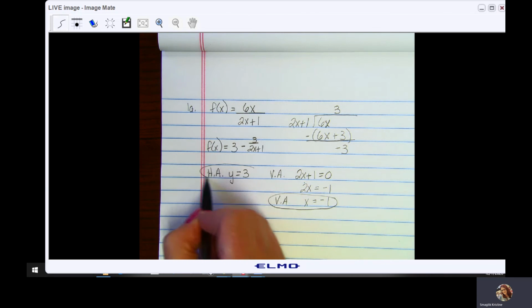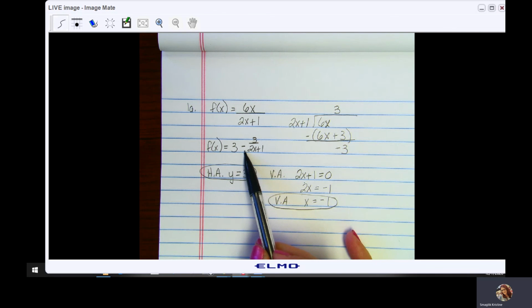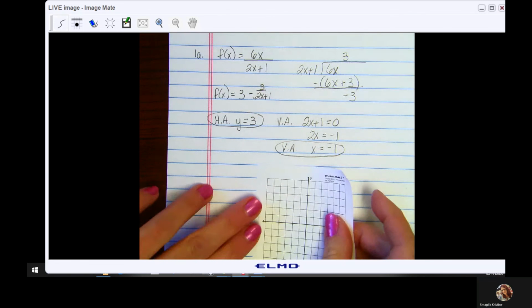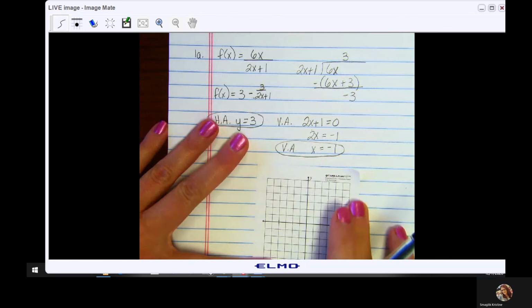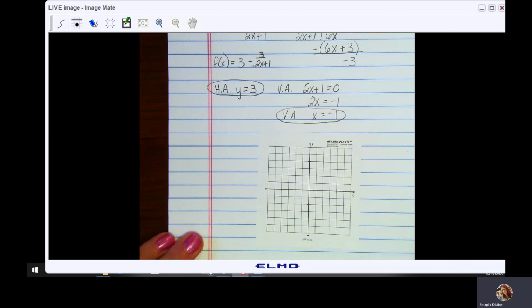And my horizontal asymptote. Now, when I graph this, I'm also going to have to be careful because my a value, I've got a minus here. I've got a negative. So that means this time we are going to have a reflection across the x-axis. So let me grab a graph. And let's put our asymptotes in.